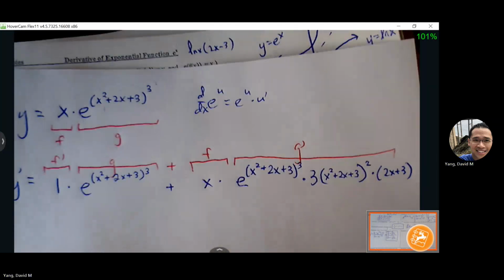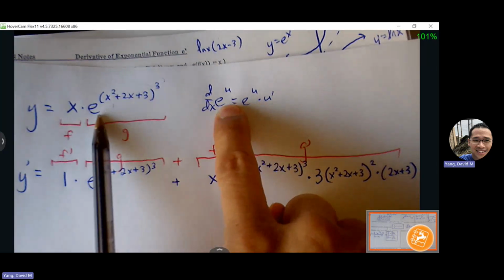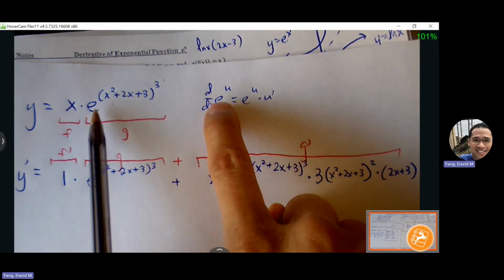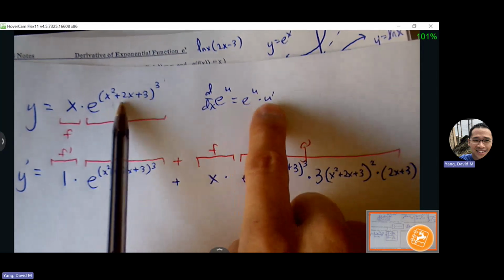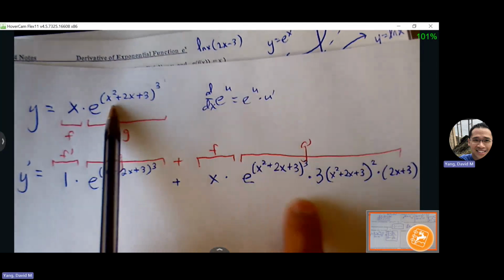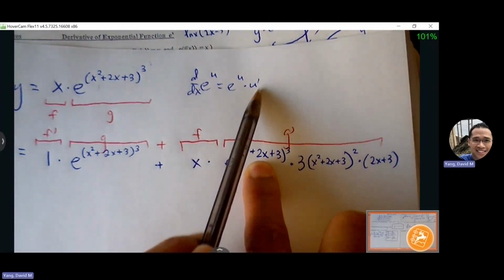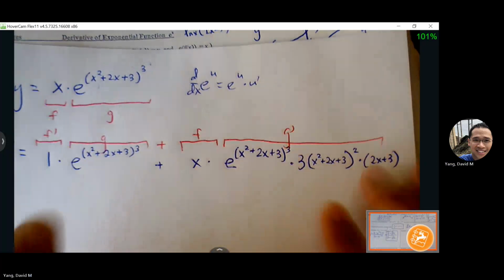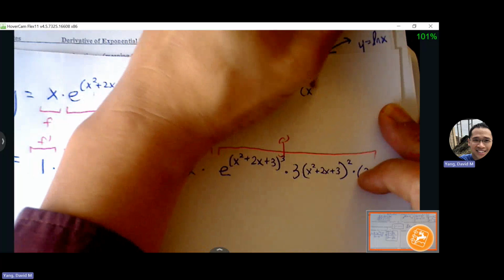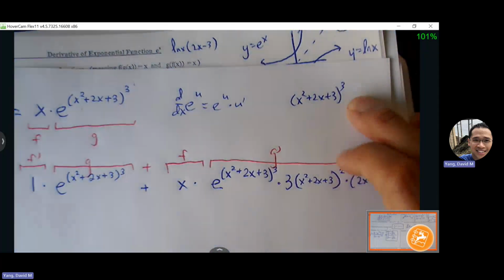Sure, let me go through that process again. We start off with the big rule here. The derivative of e to the u is e to the u times u prime. So e to the u is going to show up initially. And then u prime is asking, what is the derivative of this entire expression? If I just gave you x squared plus 2x plus 3 cubed, you would go through a chain rule for this portion.